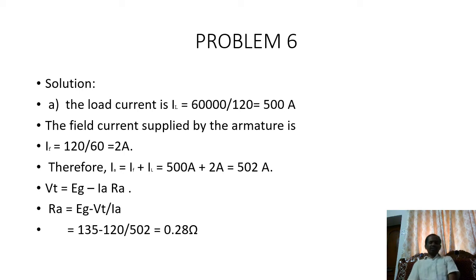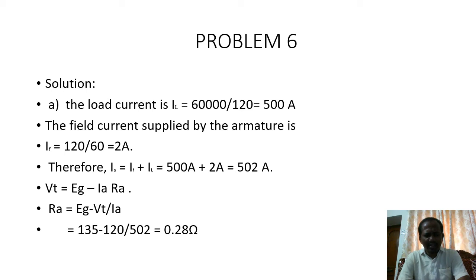Same as what I explained. The load current IL is 60,000 by 120, 500 amps. The field current supplied by the armature is 120 by 60, 2 amperes. Ia is equal to If plus IL, 500 plus 2, 502 amperes. The voltage across the terminal is Eg minus IaRa.